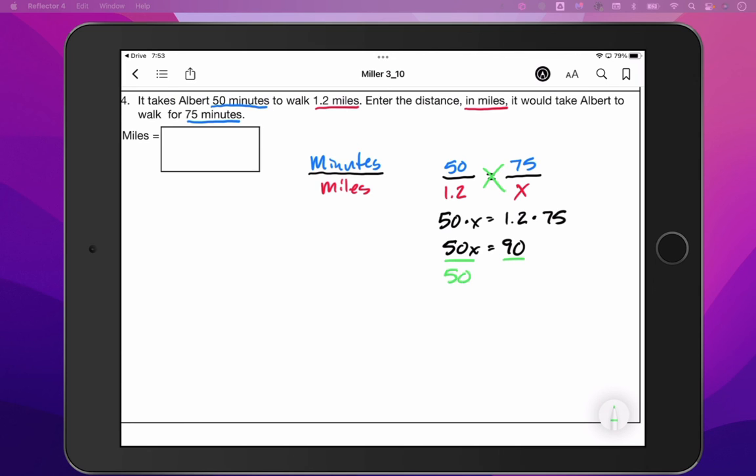I'm going to divide by 50 on both sides. And 90 divided by 50 is going to be 1.8. So we will have 1.8 miles.